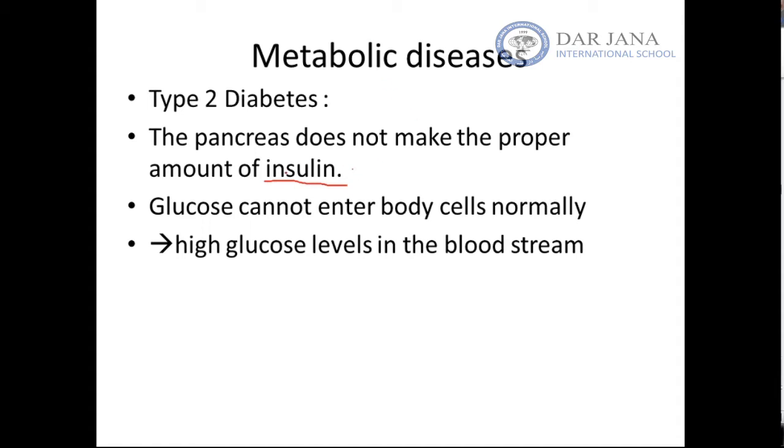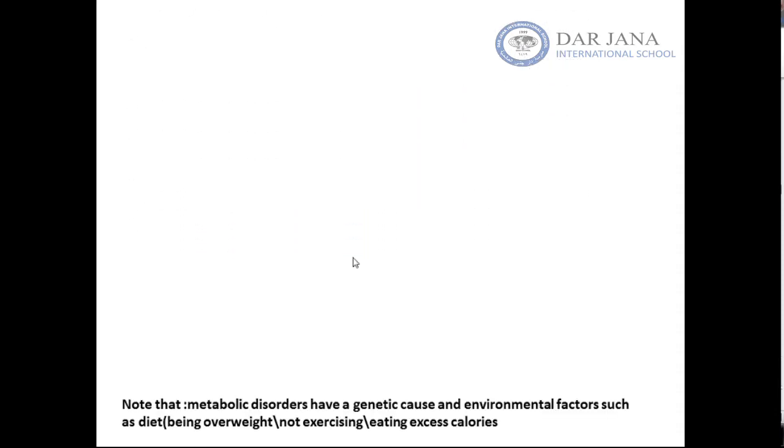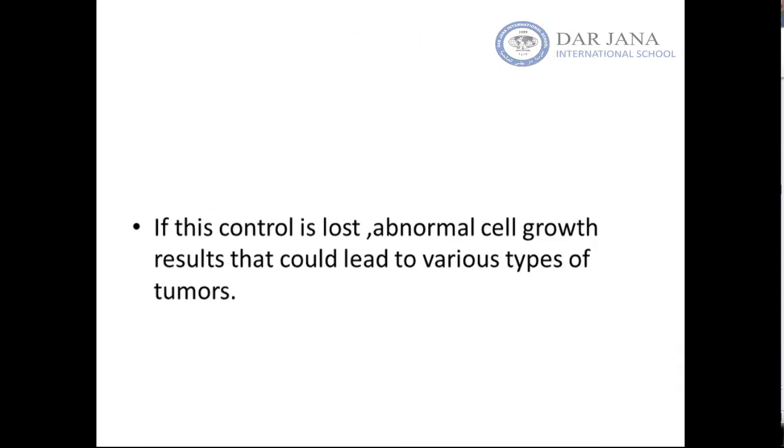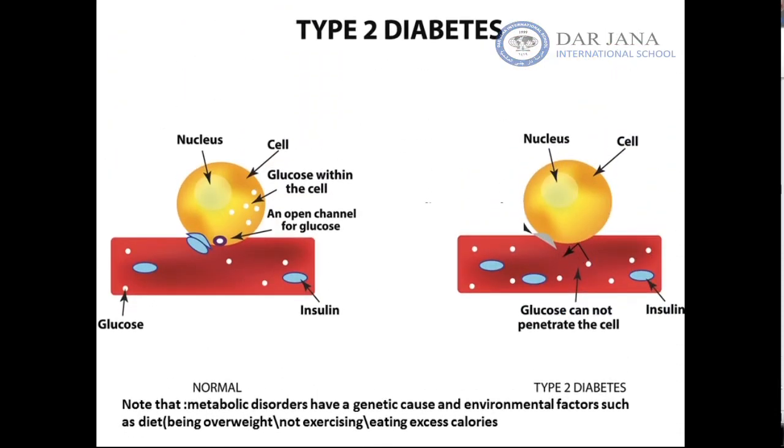Now, if insulin is not produced, or the pancreas is not making the proper amounts needed of insulin, glucose cannot enter the body cells normally. So it will be left in the bloodstream, and this will lead to high glucose levels in the bloodstream, leading to type 2 diabetes. The figure here shows type 2 diabetes.